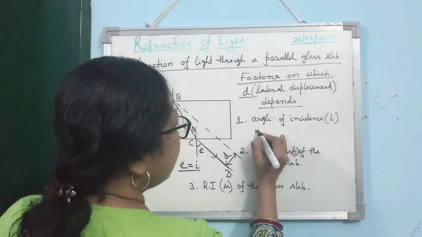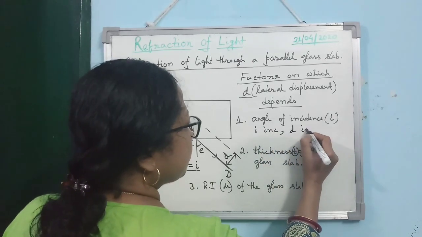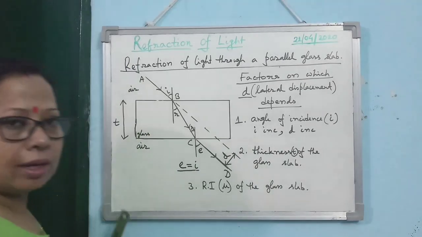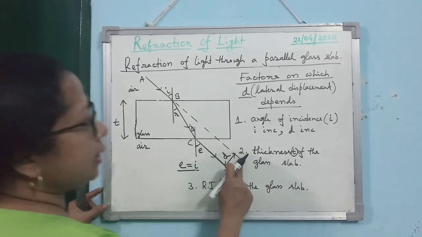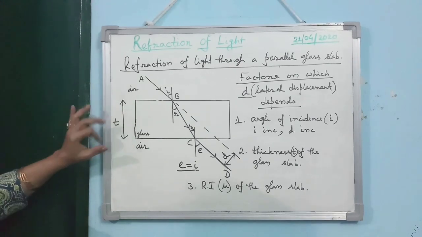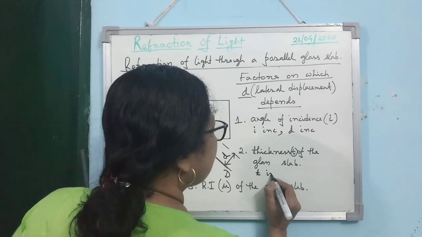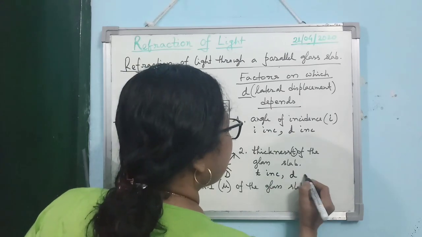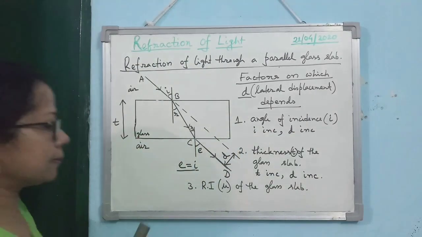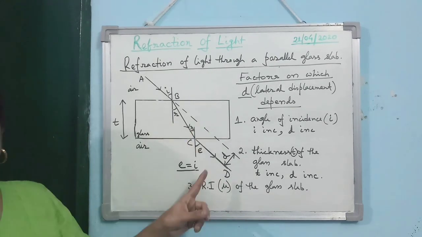How does it depend? When the angle of incidence increases, lateral displacement increases and vice versa. Second, it depends on the thickness of the glass slab. This is the thickness T of the glass slab. When the thickness increases, lateral displacement increases. Third, it depends on the refractive index of the glass slab.